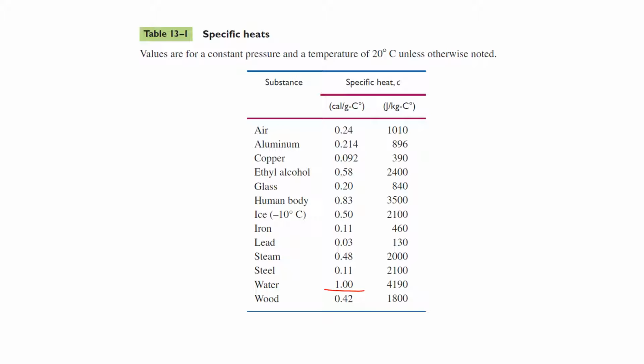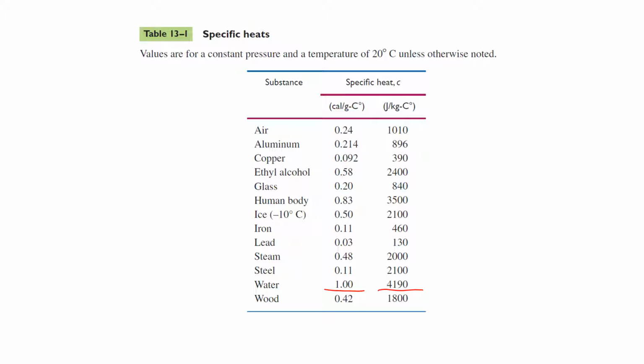Water in calories per gram degree Celsius is 1, and that's definitional. That's actually how the calorie is defined. The calorie is the amount of heat that causes a temperature change of 1 degree Celsius in 1 gram of material. And the unit that we will be using mostly, joules per kilogram degree Celsius, that is 4,190 joules per kilogram degree Celsius.